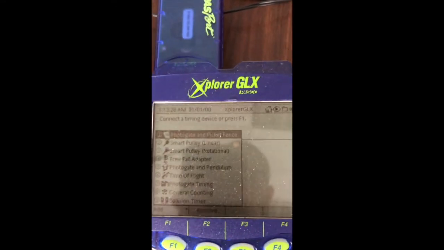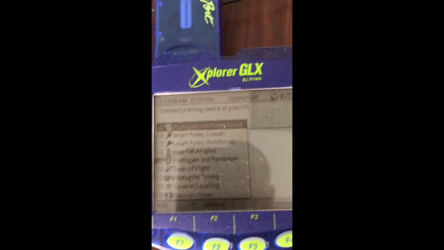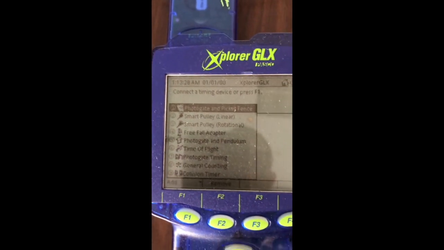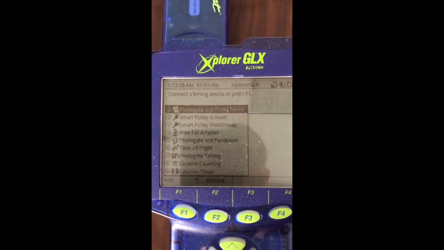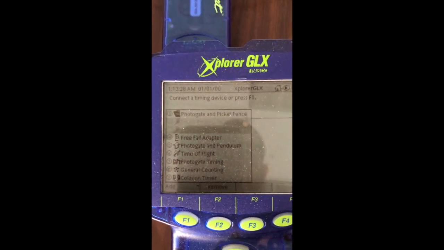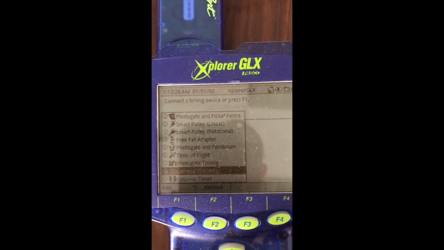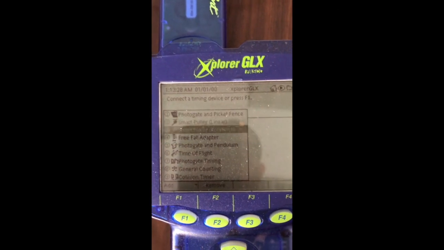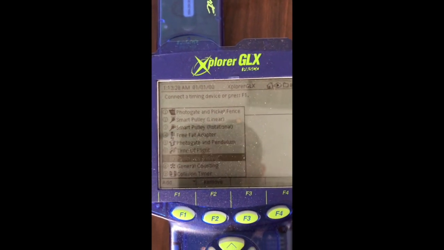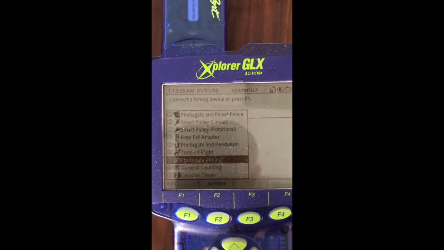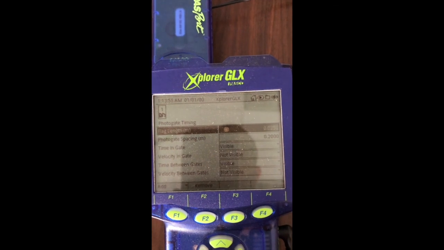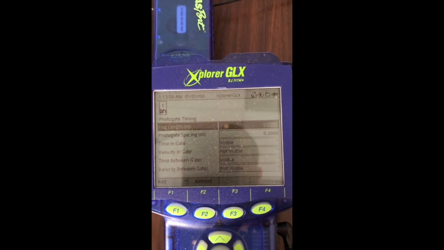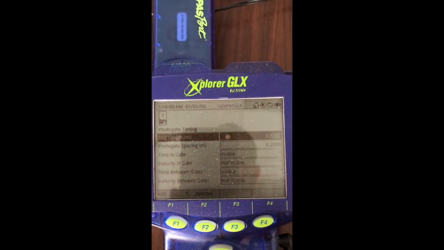And so when you plug in the Photogate, what you see here is a menu for all of the different options for what the Photogate can do. And what we're going to use is Photogate Timing. Now when you go to the top, you'll see here that it says flag length.